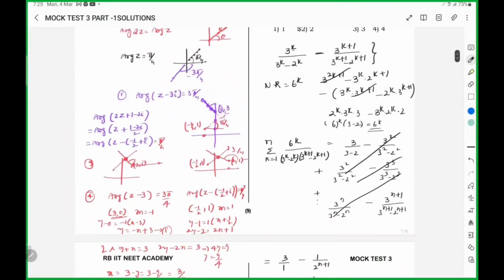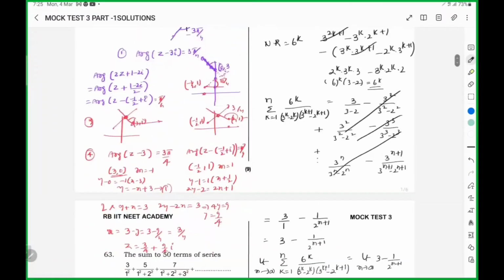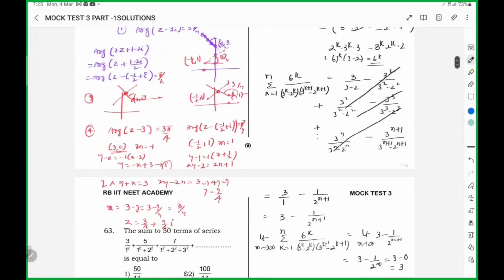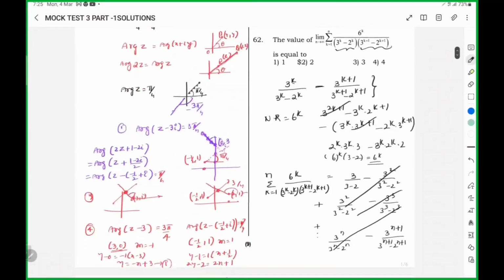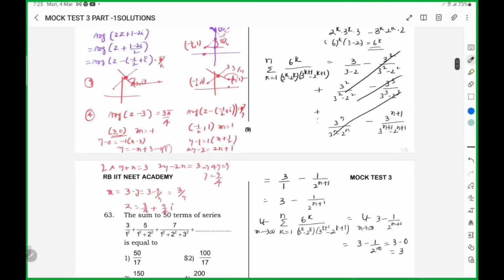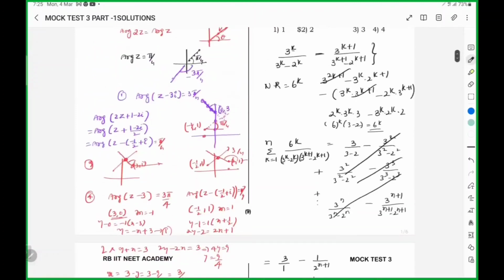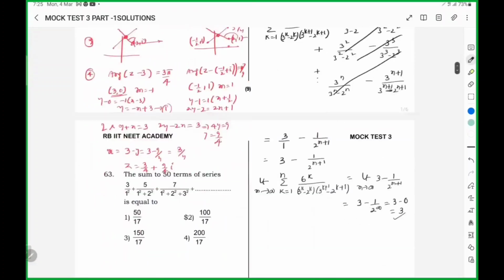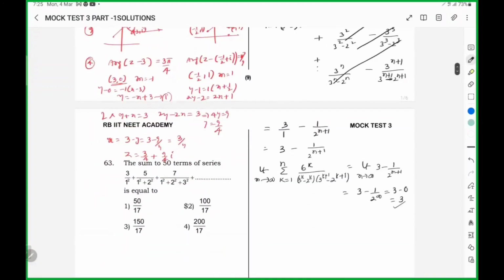Here it is only up to n terms. As n approaches infinity, here I made a mistake. Here it is minus. Okay.